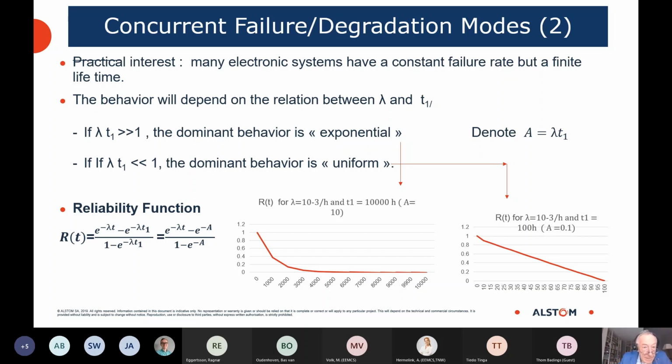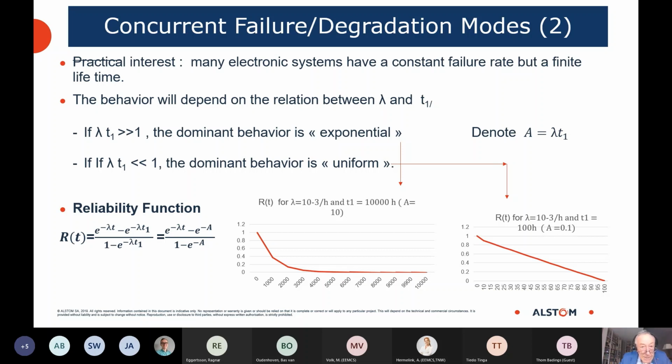So if the two parameters are the failure rate lambda and the finite lifetime T1, if the product is very high, then T1, in other words, is much greater than the MTTF if it was only that mode. So the dominant mode is exponential. So then in that case, we can see that the reliability function looks like an exponential.